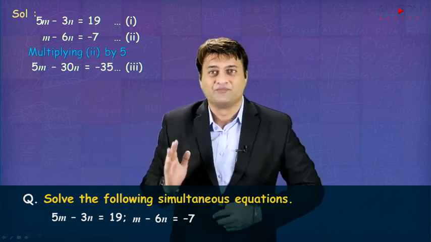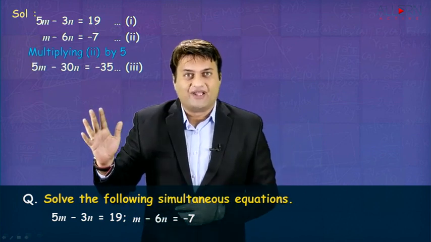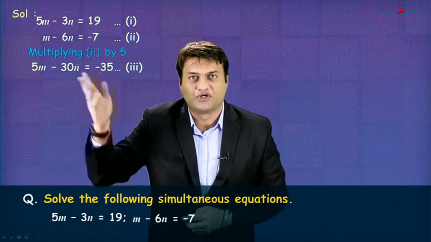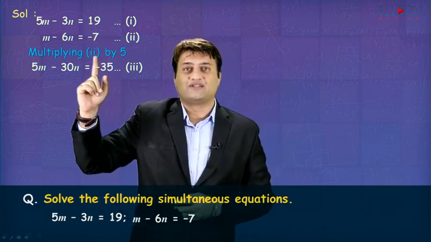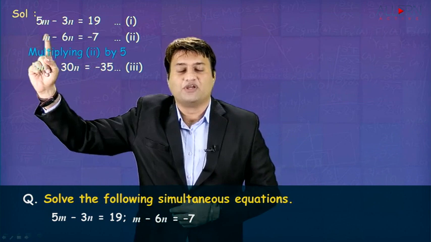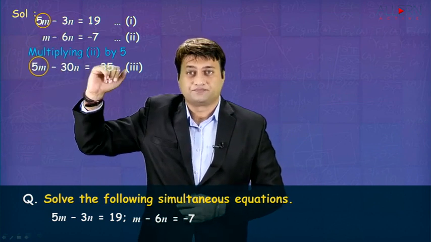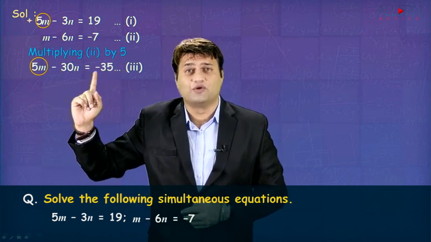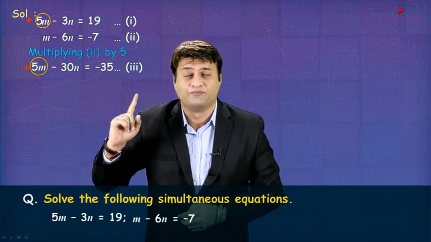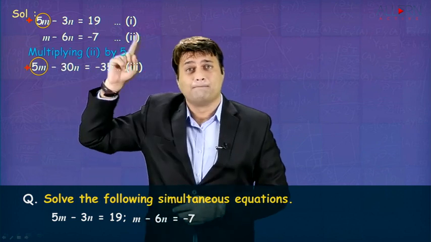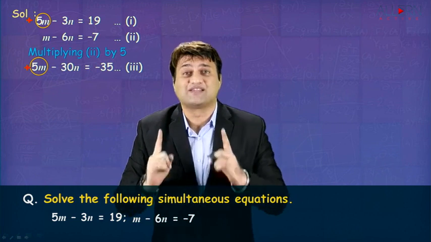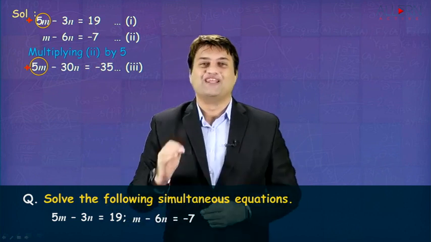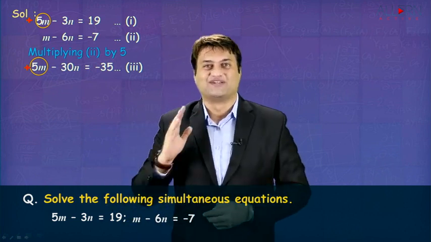So let's do it. We are supposed to eliminate m because we have made the coefficient of m same. For that, check the sign of m. In the first equation it is plus 5m. In the third equation also it is plus 5m. The signs are same, so we need to subtract the two equations, right?